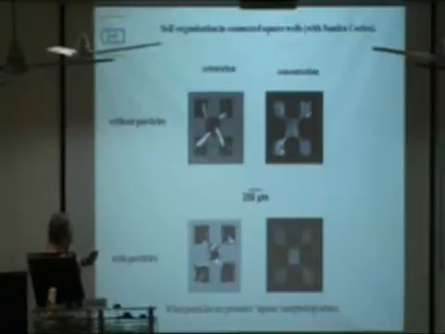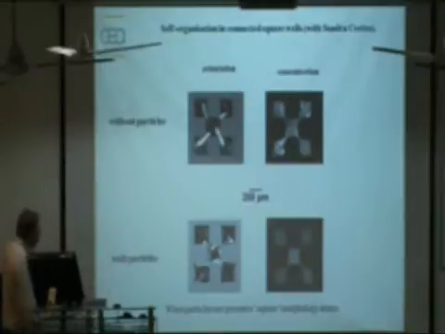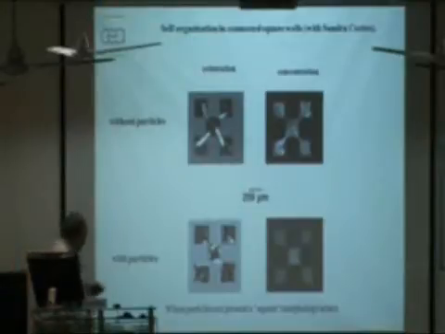And as you might imagine, we got strong organisation at the junctions, which spreads out into the squares, and this gives rise to these concentration patterns you see here. Now, if we do it with colloidal particles present, we get a completely different type of arrangement. We find something which resembles the type of morphology we would see for isolated squares on their own.